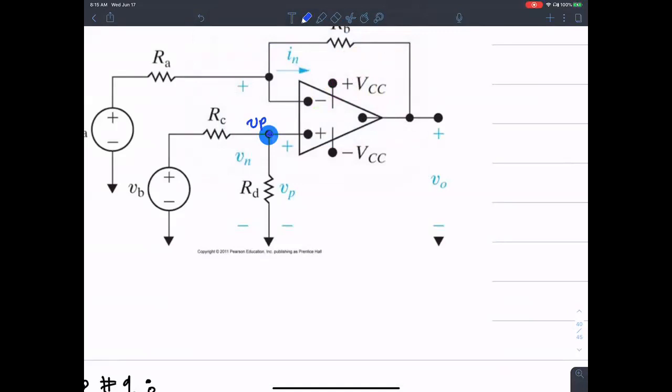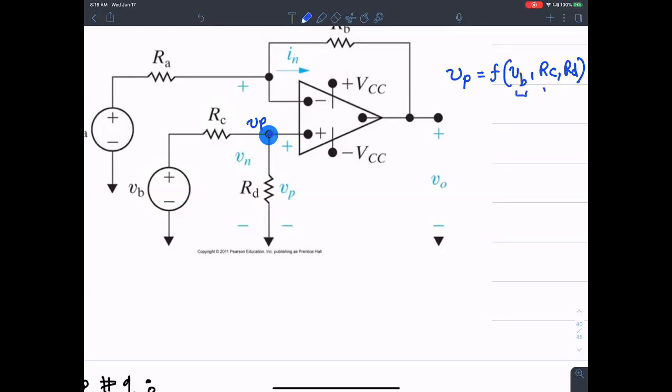Once I know VP, I look to express VP in terms of known voltages and known resistances. I want to express VP as a function of VB, RC, and RD, because all of these are known. This is the input applied voltage that I know. These are the external resistances that I'm hooking up to the circuit. So all of these are knowns.